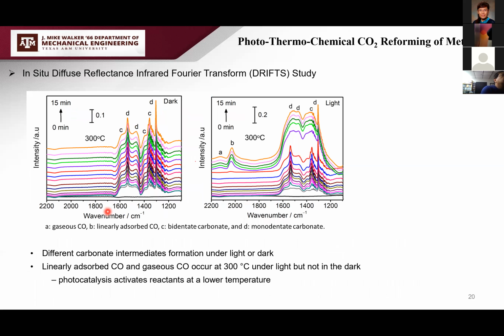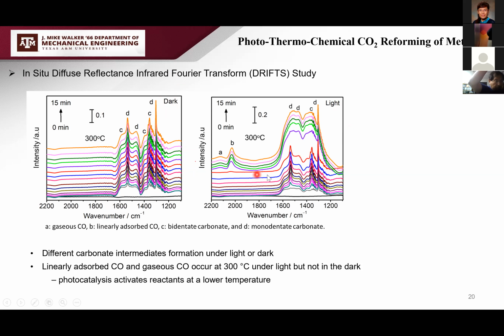All right, to confirm that hypothesis, we again used in situ DRIFTS to study the surface property under real reaction conditions. Of course, we did it only at 300 because at higher temperature the spectra are very weak. Nevertheless, at 300, the left one is the dark condition and the right is under light.